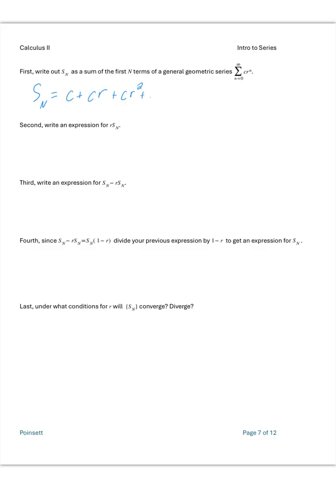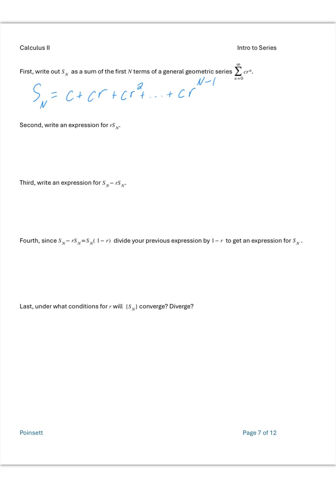Now this is not going on forever because this is a partial sum. The last term would be CR to the n minus 1. And the reason this is n minus 1 is because we need a total of n terms, and the first value had r to the 0 in it. So hence the reason we stop here at r to the n minus 1.